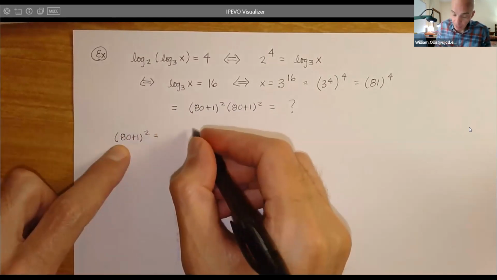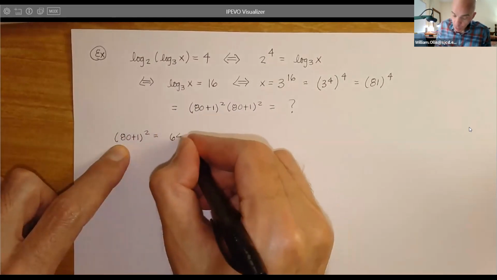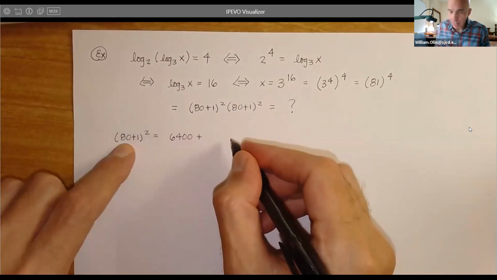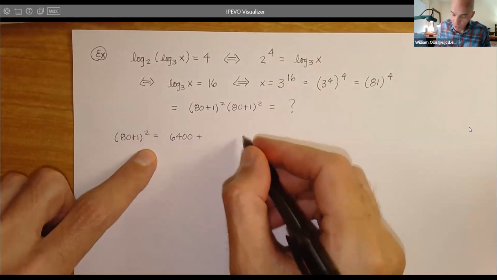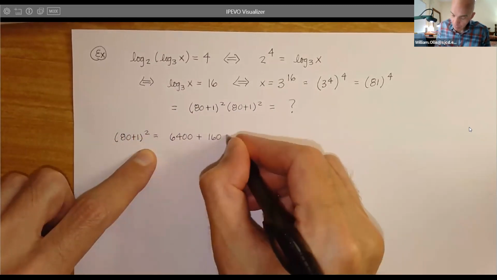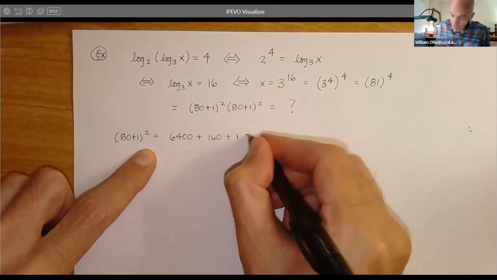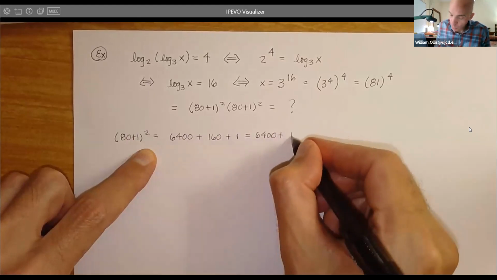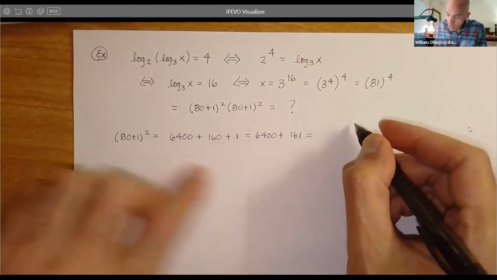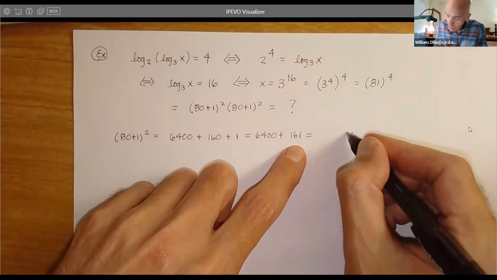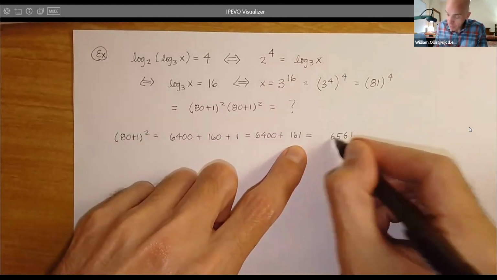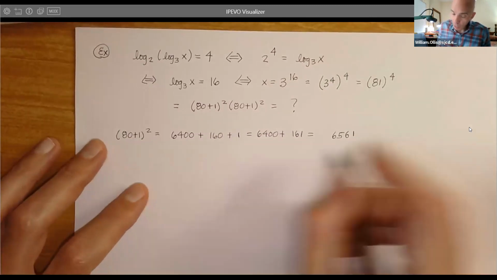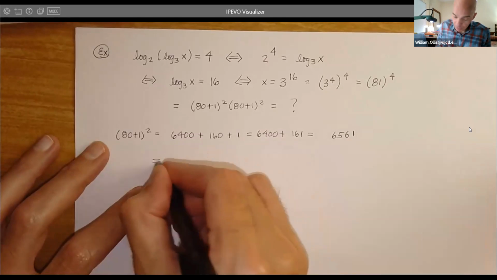So that'll be 80 times 80, which is 6,400. And then we have 1 times 80, which is 80, times 2, which is 160, plus a 1. So this is 6,400 plus 161, which gives us 6,561.